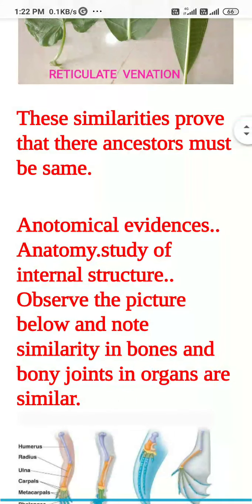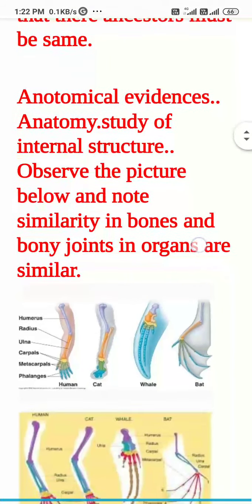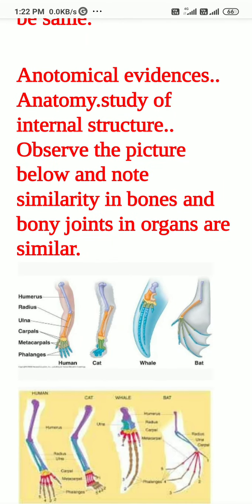After this we are going to learn anatomical evidences. Anatomy means internal structure. As we know, morphology means external appearance, external structure. Like this, anatomy is internal structure.